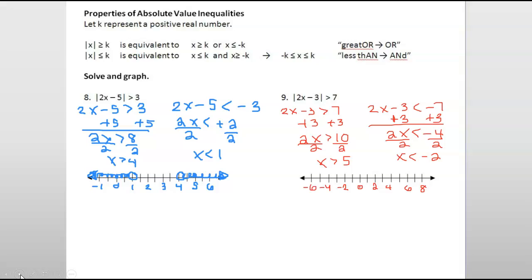Once again, both are open circles. I need to see that clearly, and shaded in opposite directions.